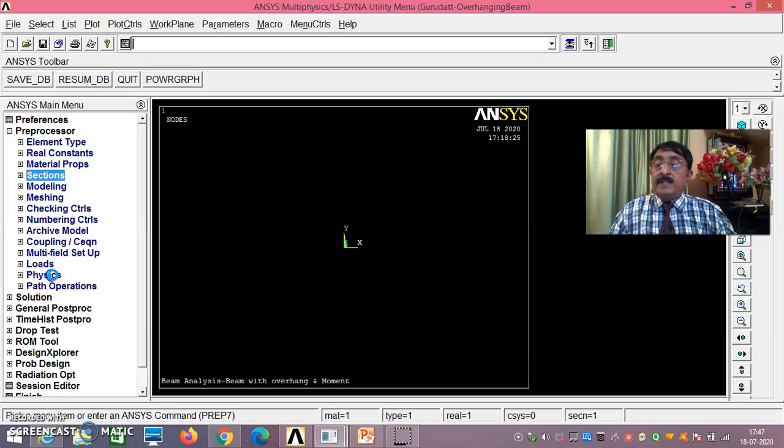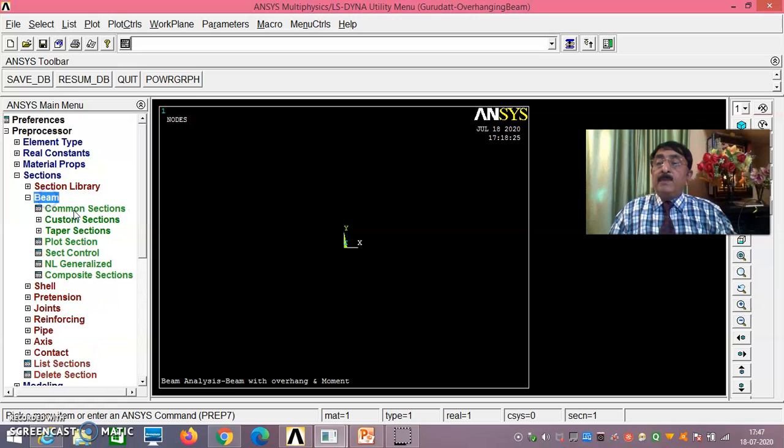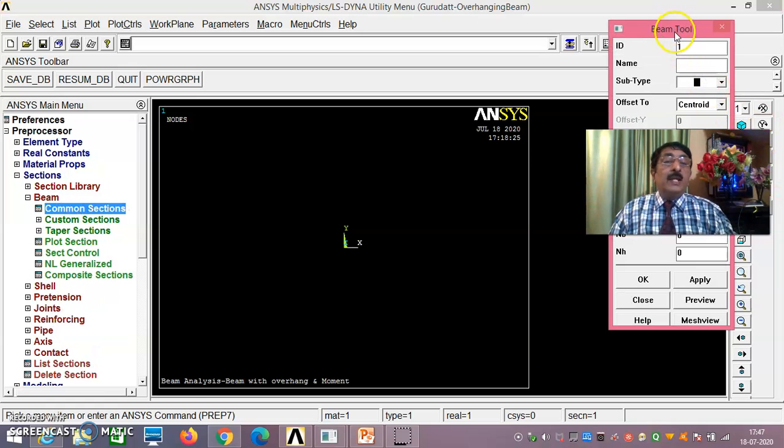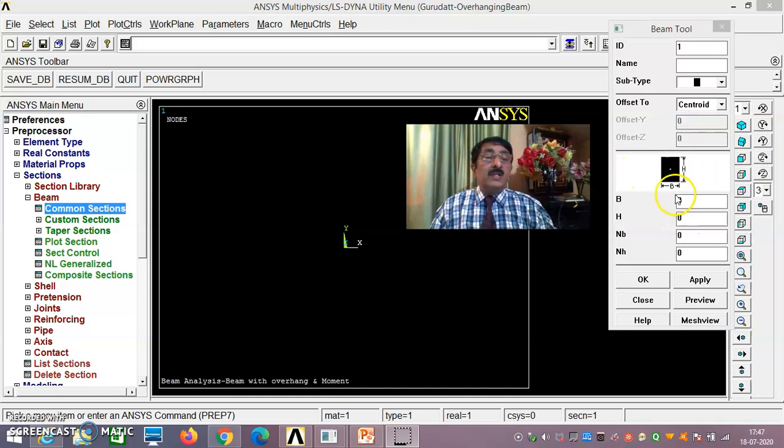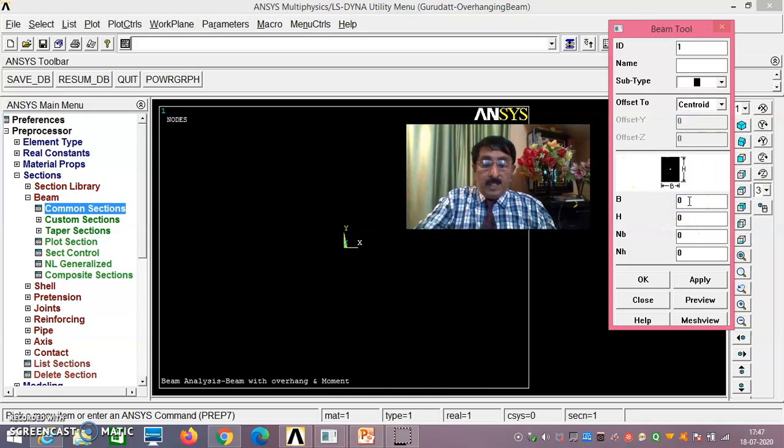Then sections, you go to beam, click on beam, click on common sections. You see here, B is 0.2, H is 0.3, like any other problem. Whatever may be the problem, whatever section they give, you just add it here.